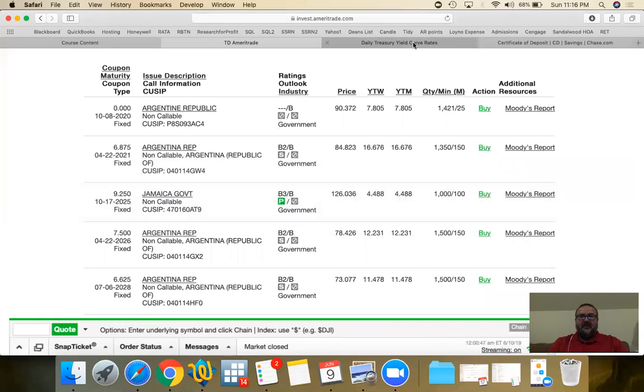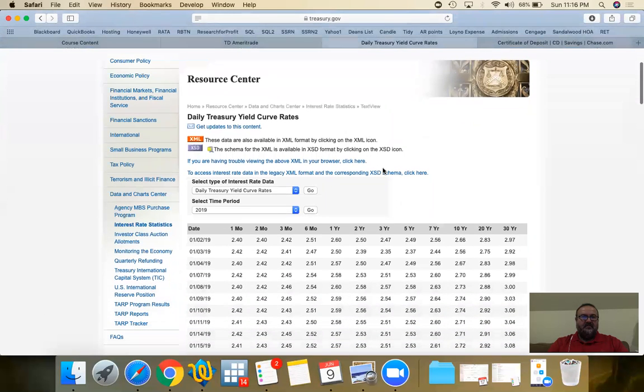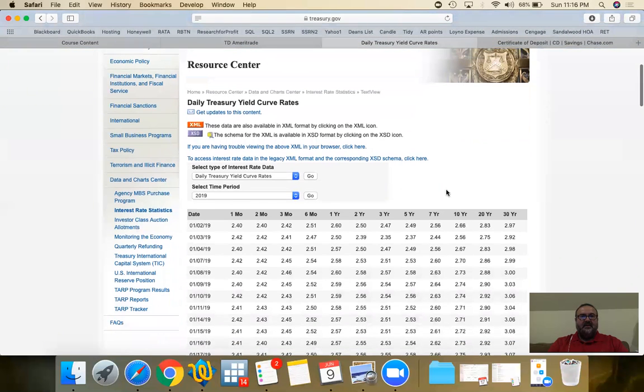So let's start with what is referred to as risk-free or the lowest risk in the market, the US Treasuries. Since the US is considered the lowest risk, US Treasury is considered to be risk-free, and this is our starting point.